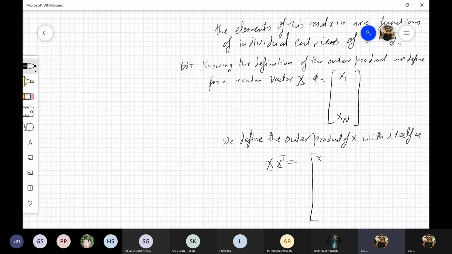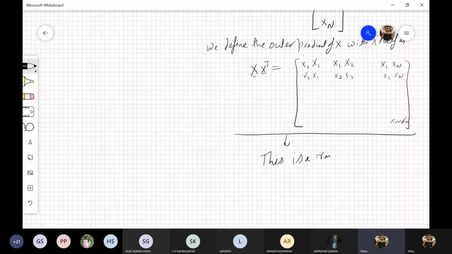Right. And so this XX transpose is a rank 1 matrix. Any outer product is a rank 1 matrix. Okay, so do I need to prove that, or is it obvious?